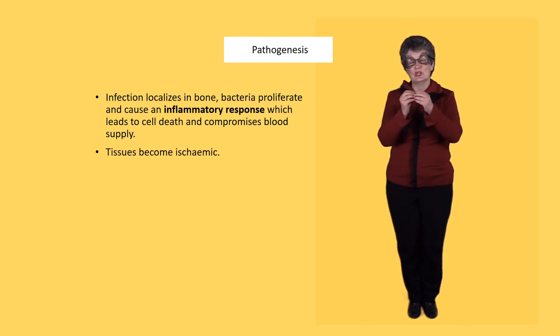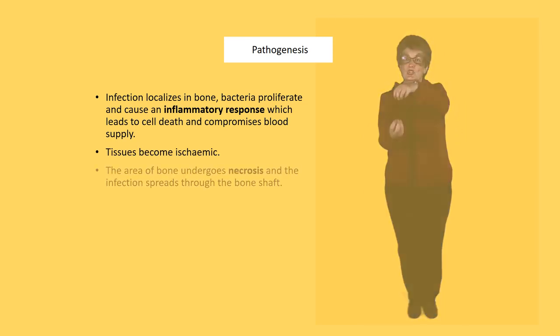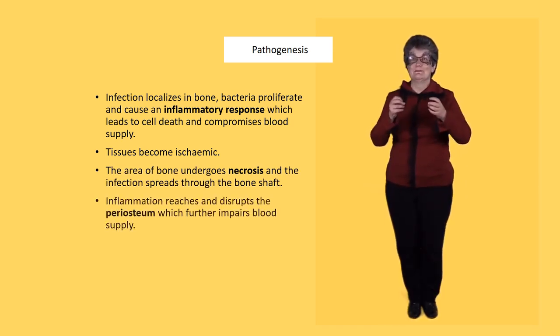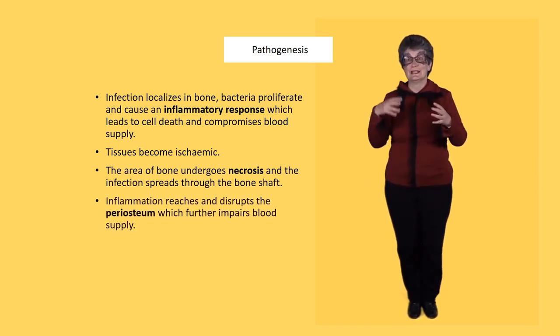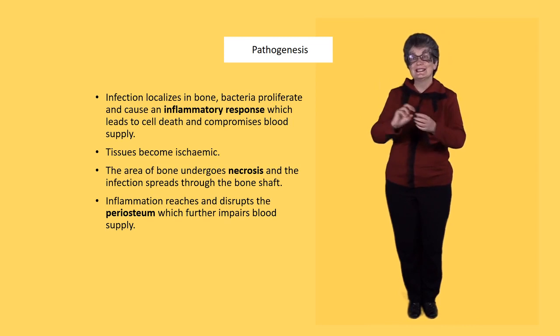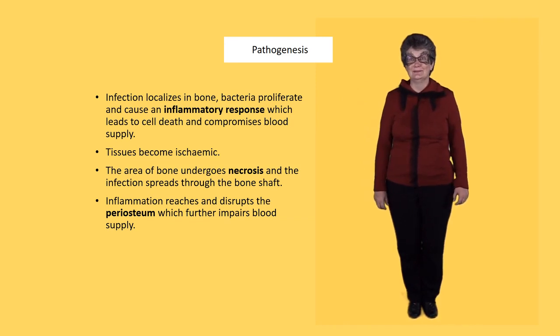As the bone undergoes necrosis, the infection then spreads along the bone shaft. The inflammation can expand and go through the cortex, disrupting the periosteum, which further impairs blood supply, but also means that a sinus can form and the abscess infection can leak through to the surface of the skin.